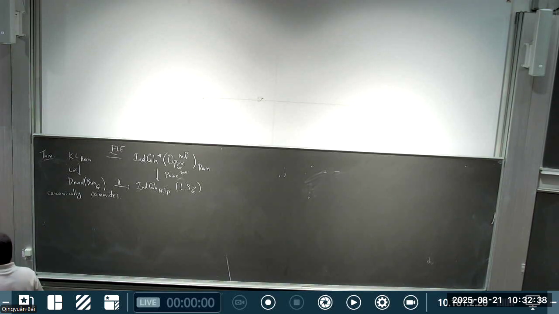Okay, great. But the only problem is, you can't quite do that. This would work if both of these functors were fully faithful, then everything would be great.